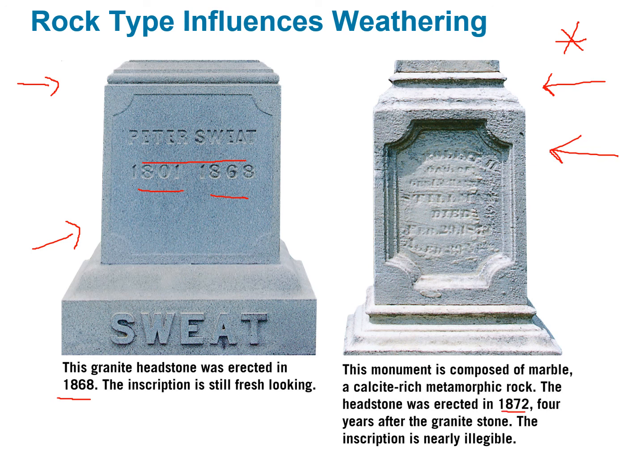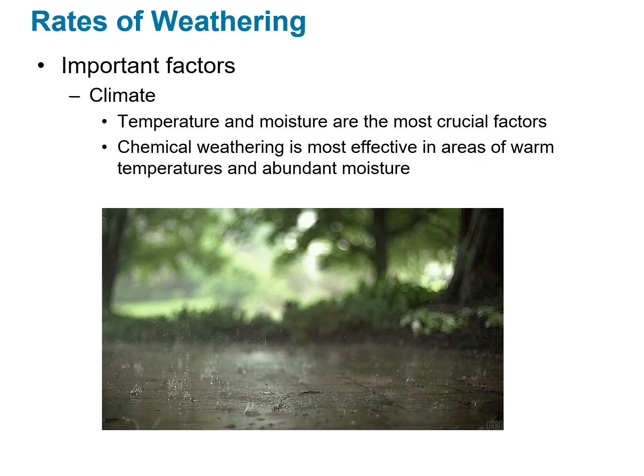But can you even read this? Who is this? I don't even know. What does that say? Ted? Roosevelt? I don't know. This marble headstone has weathered away because it's made of a mineral called calcite, which is very susceptible to weathering. So yeah, choose your headstones wisely, guys.